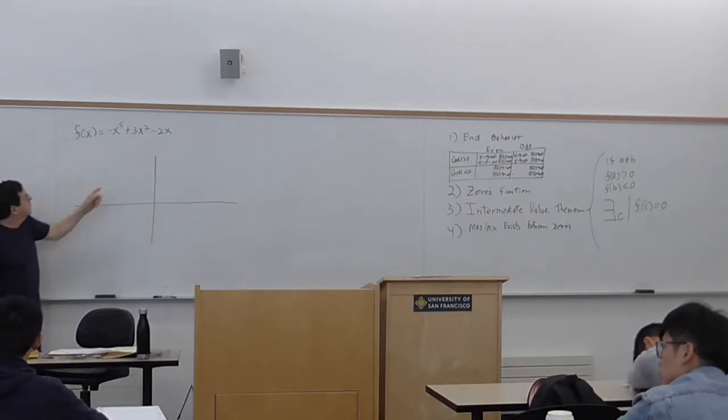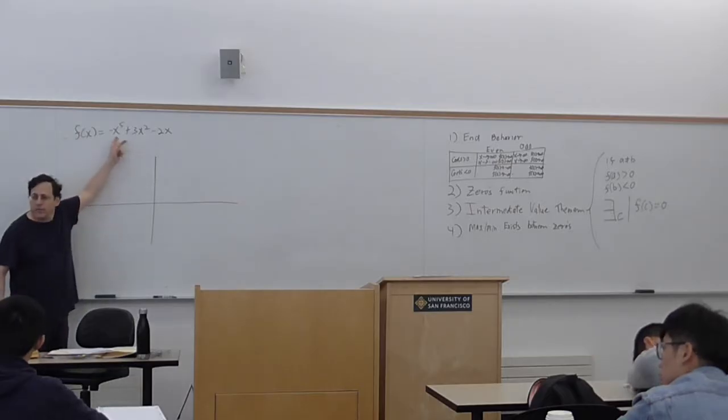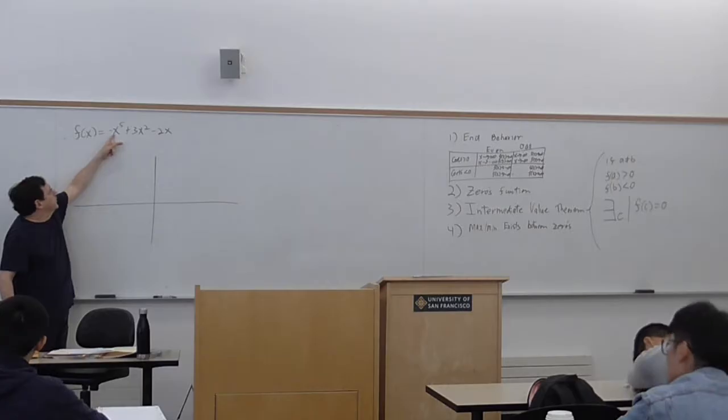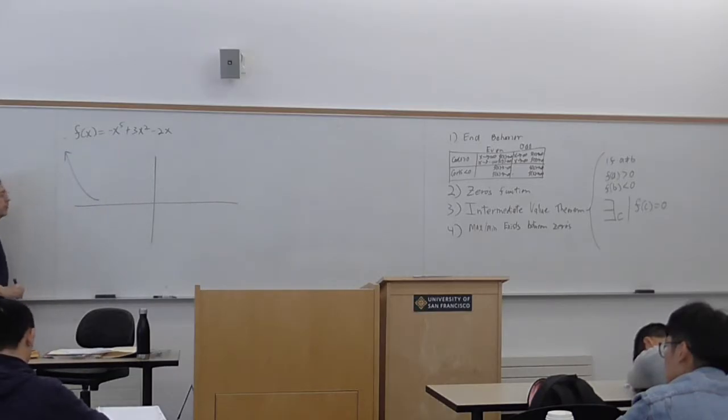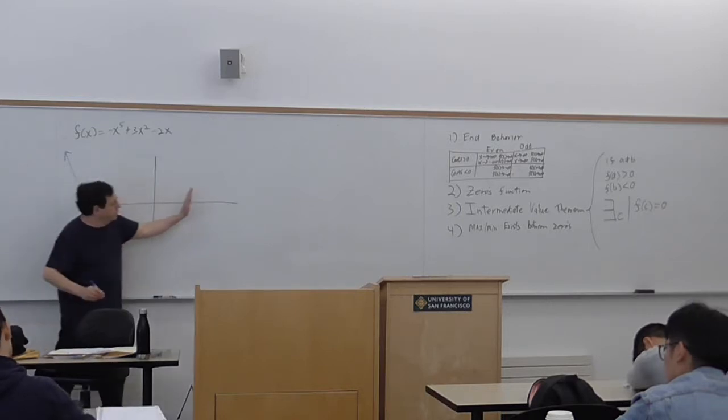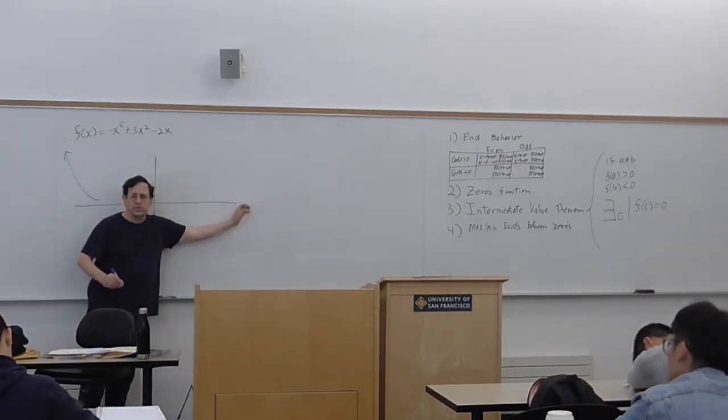Yes, exactly. In the negative direction, x to the 5th gives you a negative number, but because we have a negative coefficient, it's going to get very positive. What happens as x gets very large in the positive direction?